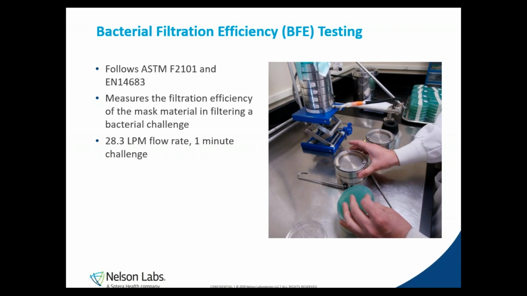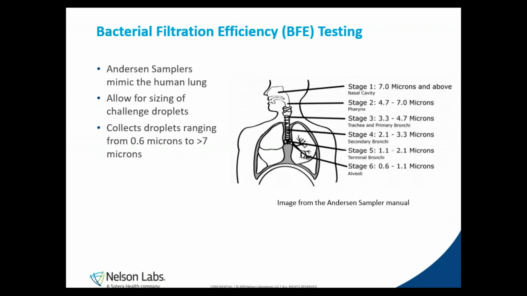Depending on the level or type that the manufacturer is claiming, these face masks need to filter out 95 or 98% of the bacteria that they're challenged with. Bacterial filtration efficiency testing uses Anderson samplers, which are six-stage cascade impactors that mimic the human lung.